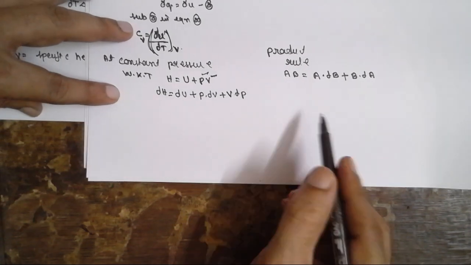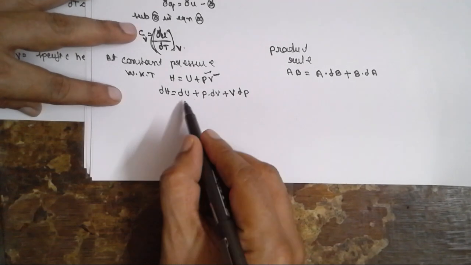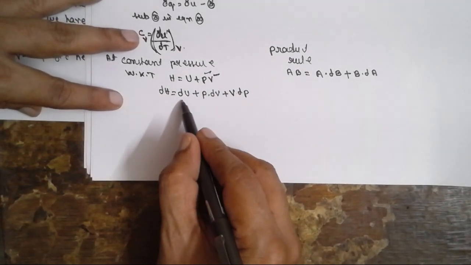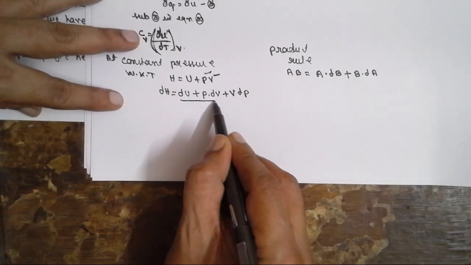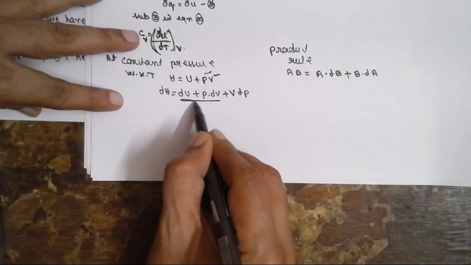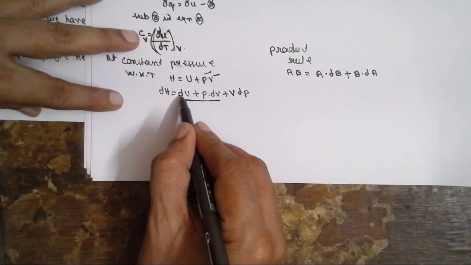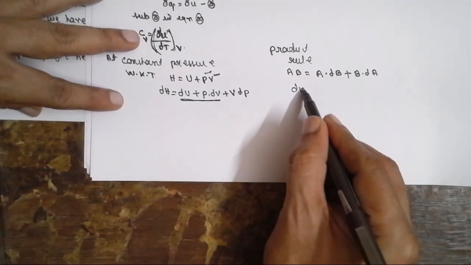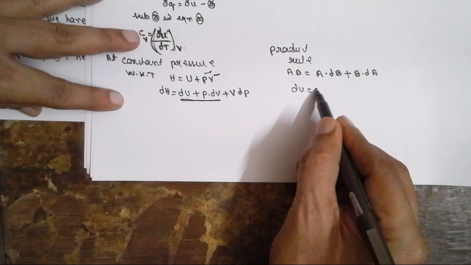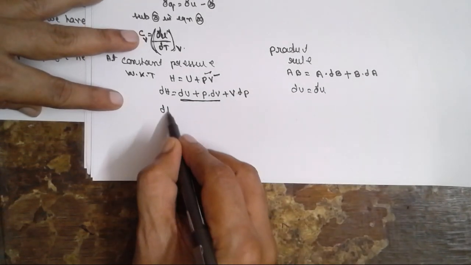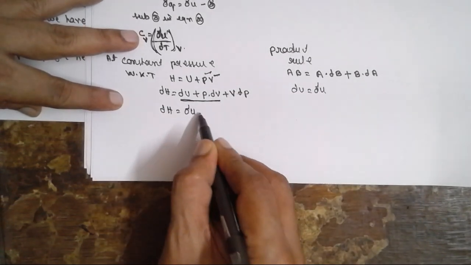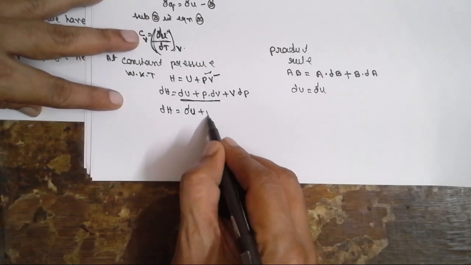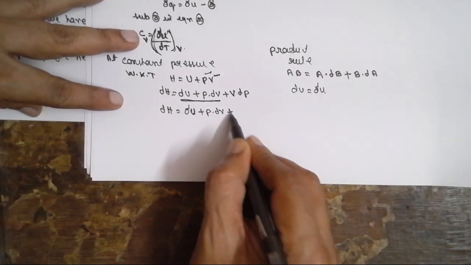After applying the product rule, see here, du is nothing but delta U. One more time I will write dH is equal to delta U plus P into dV plus V into dP.